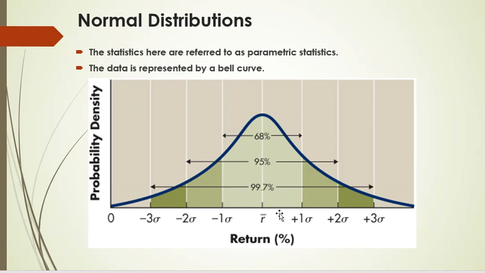If you add them all together, this is all 50% of the curve from the return over, and half of the 68% is 34% here. So 34 plus 50 means that for this particular stock, there is an 84% chance that it will have a return greater than 0. Again, that's the element of risk.